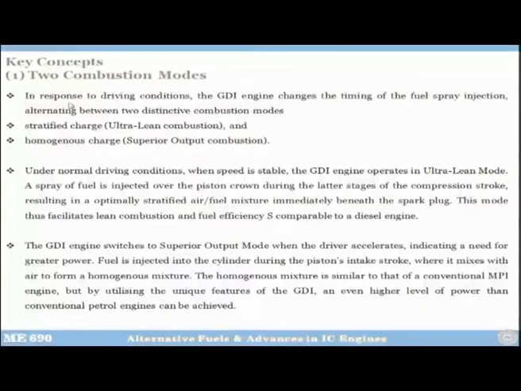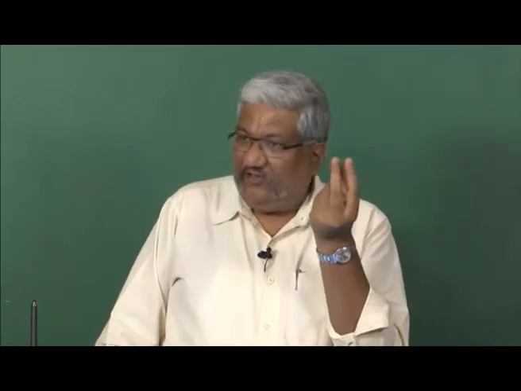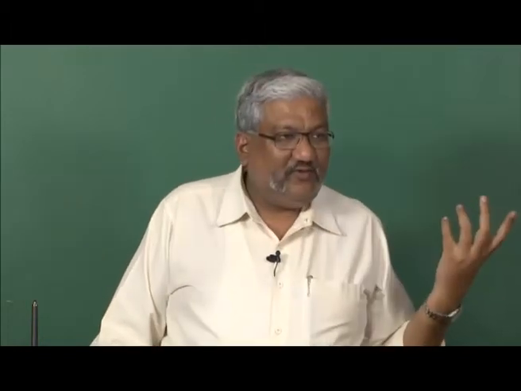In response to the driving condition, the GDI engine changes the timing of the fuel spray injection, alternating between two distinct combustion modes. The first is stratified charge mode, also called ultra lean mode. Why do we call it ultra lean mode? Because we are injecting at the end of the compression stroke, only very close to the spark plug is there fuel, and other places there is no fuel.